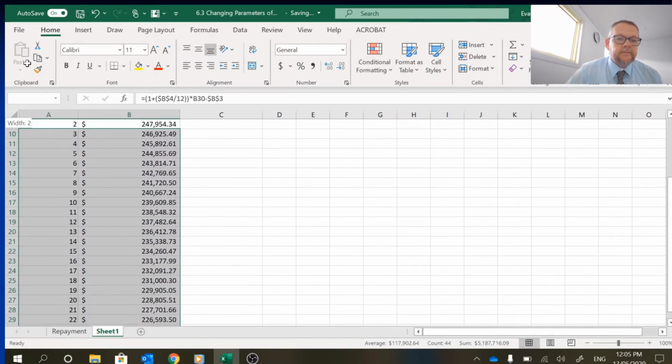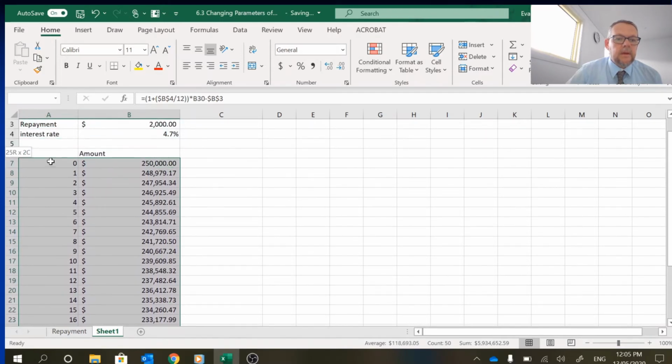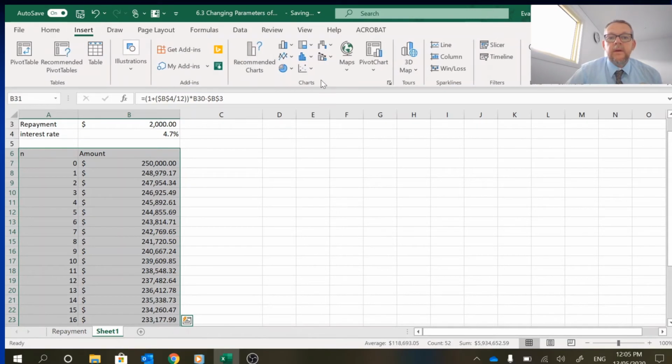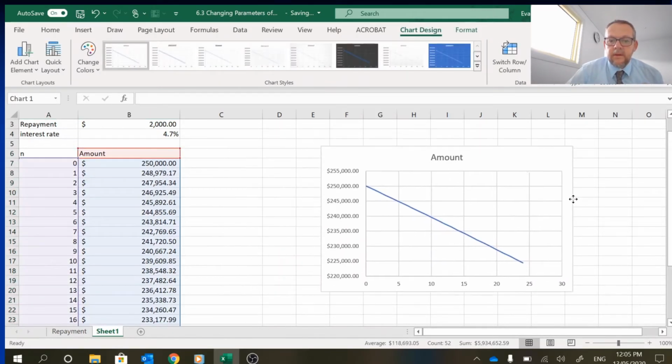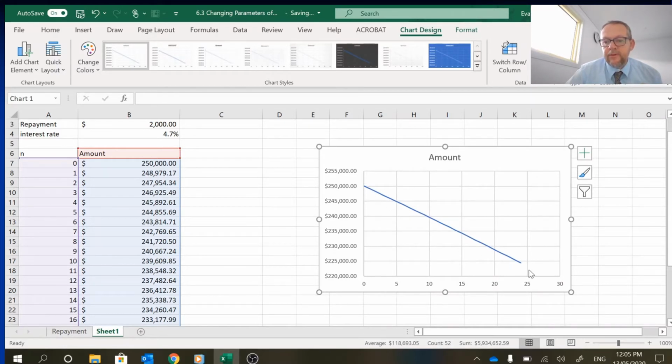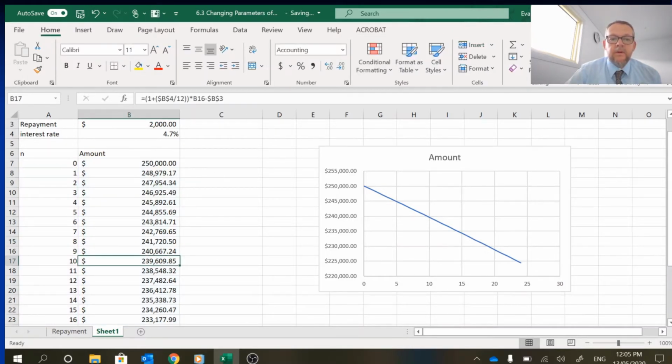And we'll graph that. Insert, here's a graph. So the home loan's gone down from 250,000 down to about 220,000. But sometimes you're in a bit of financial difficulty.